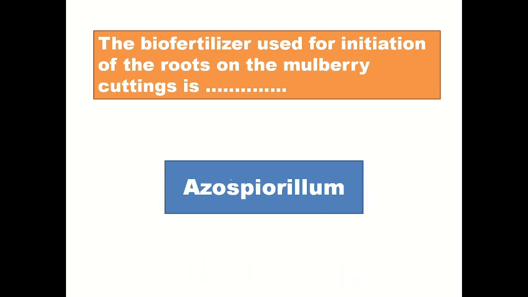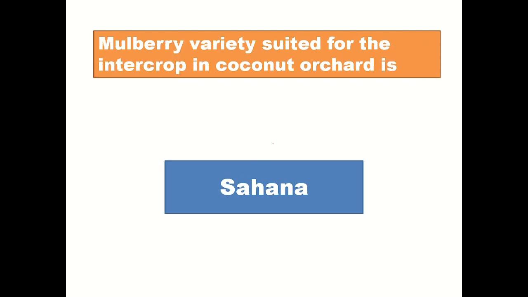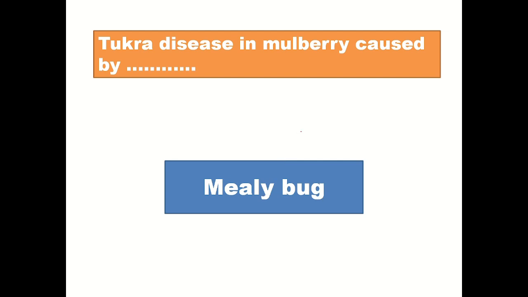The biofertilizer used for initiation of the roots on the mulberry cuttings is Azospirillum. Mulberry variety suitable for the intercrop in coconut orchard is Sahana. Tukra disease in mulberry is caused by mealybug.